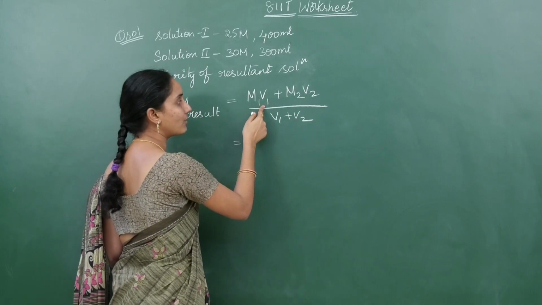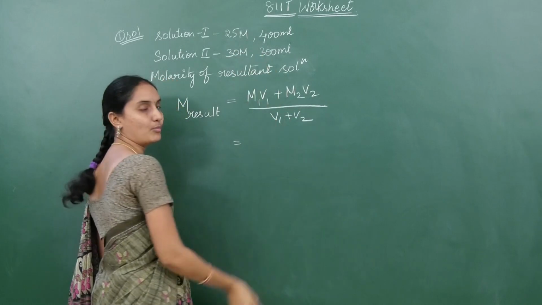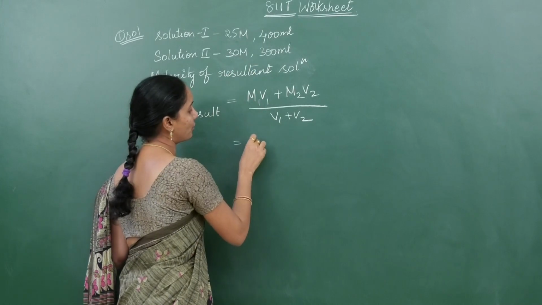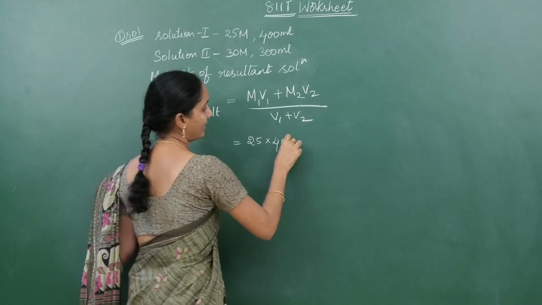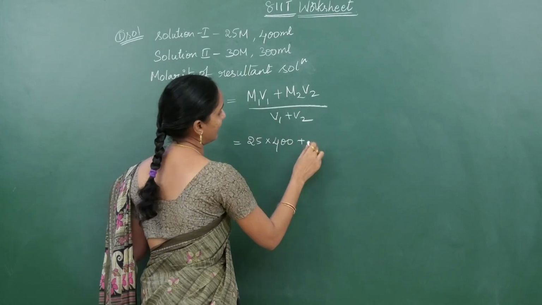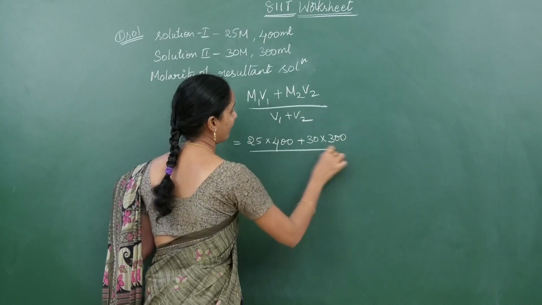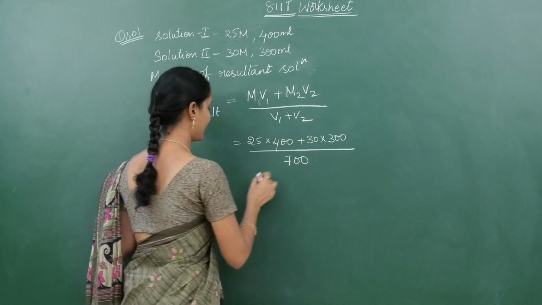M1V1 is the molarity and volume of the first solution and M2V2 is the molarity and volume of the second solution. So M1V1, we have to substitute 25 into 400, plus M2 is 30, so 30 into 300, divided by 400 plus 300, that is 700, children.